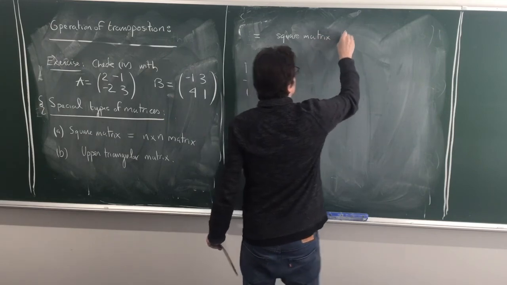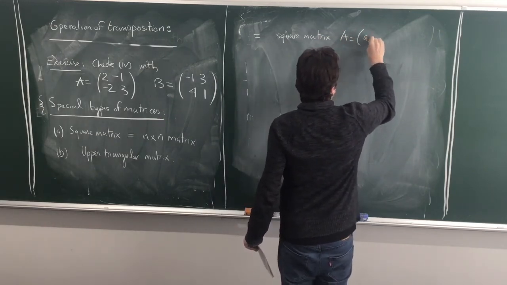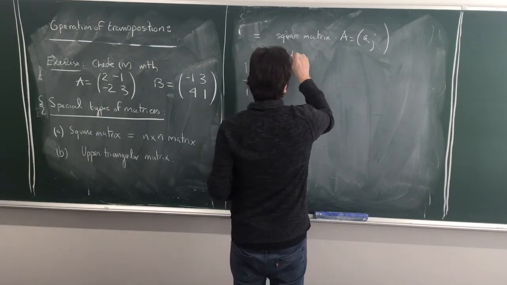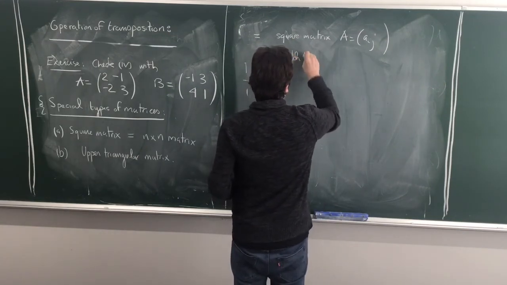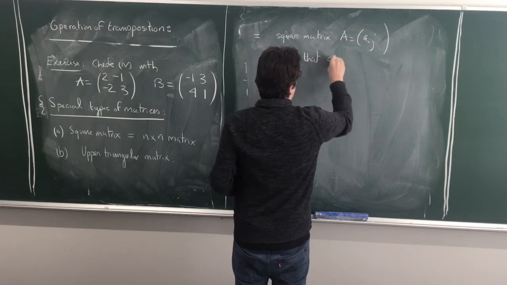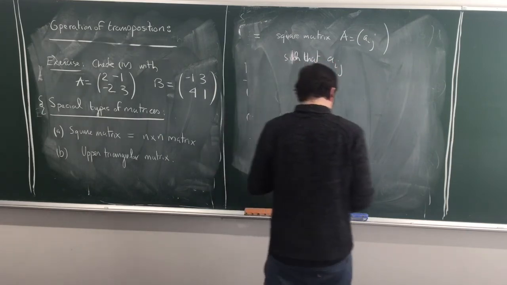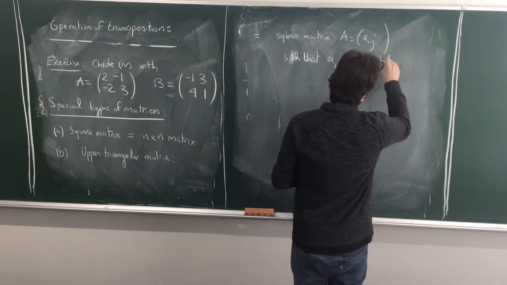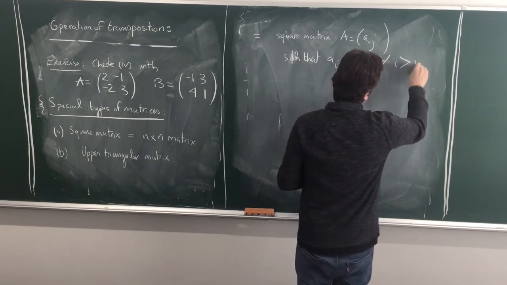It's a square matrix A equal to (a_ij) such that a_ij will be equal to 0 for any i strictly greater than j.